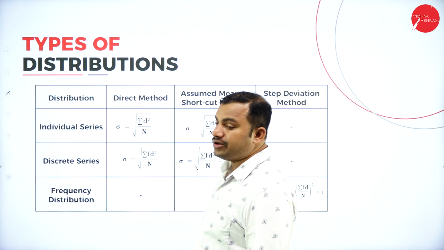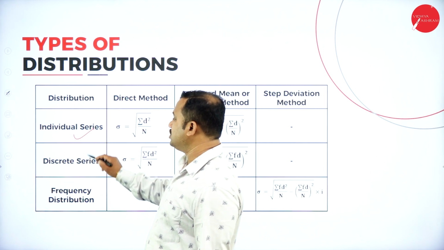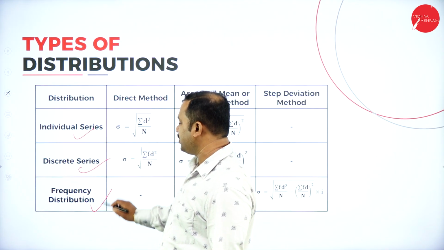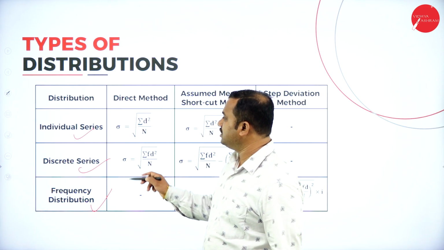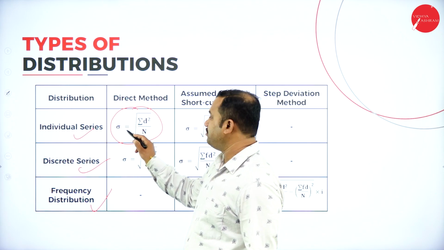So moving on to the formulas associated with the frequency distribution, that is the individual series as well as the discrete series and the frequency distribution. If you look at this, you will see that by the direct method, the standard deviation can be obtained.